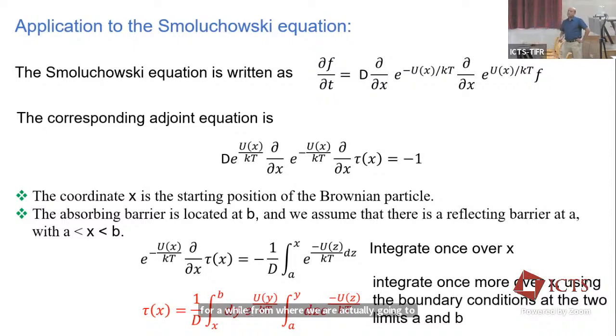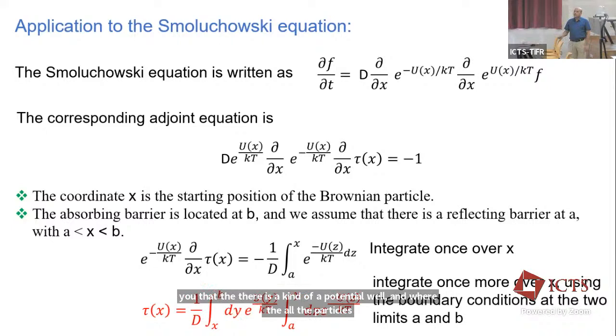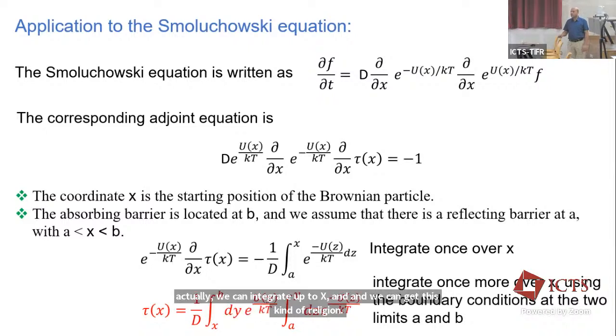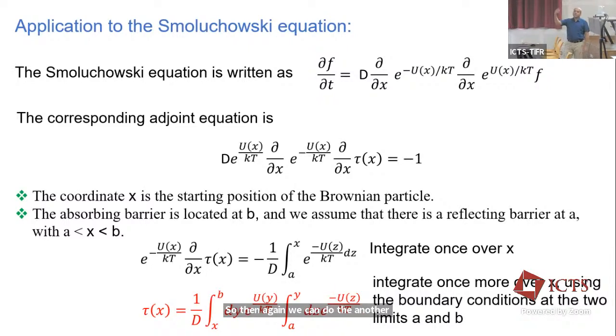As I told you, there is a kind of potential well, and all the particles are at the potential minimum. So that is the A location, and first we can integrate up to x, and we can get this kind of relation. Then we can do another integration up to that absorbing boundary, this B. Then you will get this particular relation.